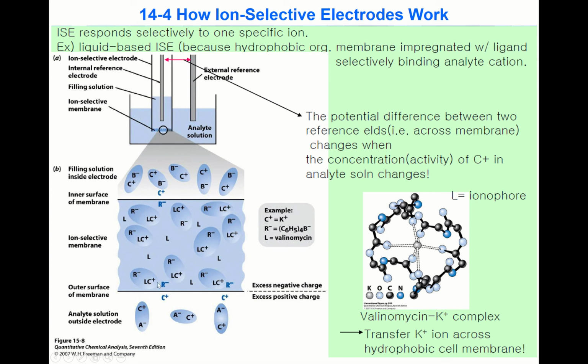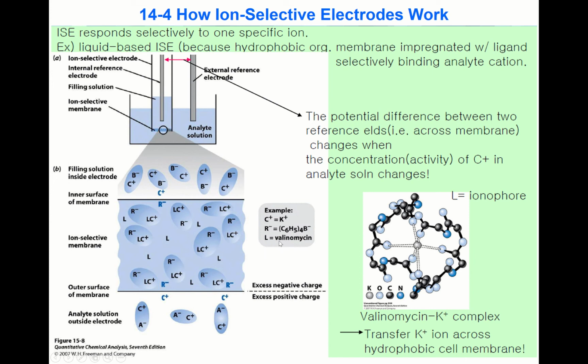Now L here, and you may see R minus one, which is the anion. You see the actual ion selective membrane composition. It contains several kinds of components, but the essential part is that it contains the ionophore.